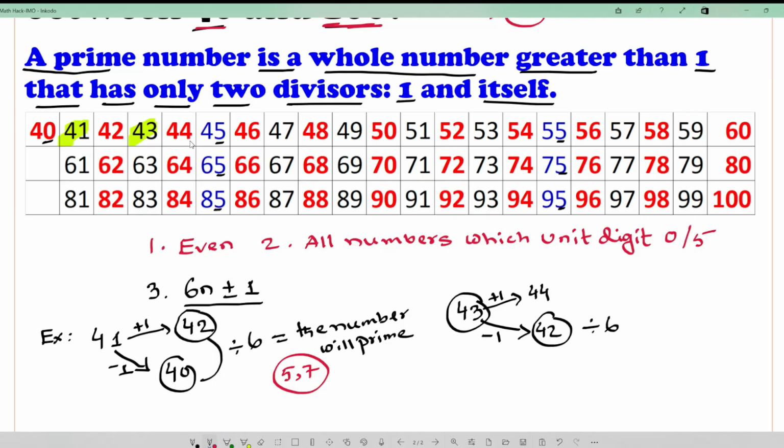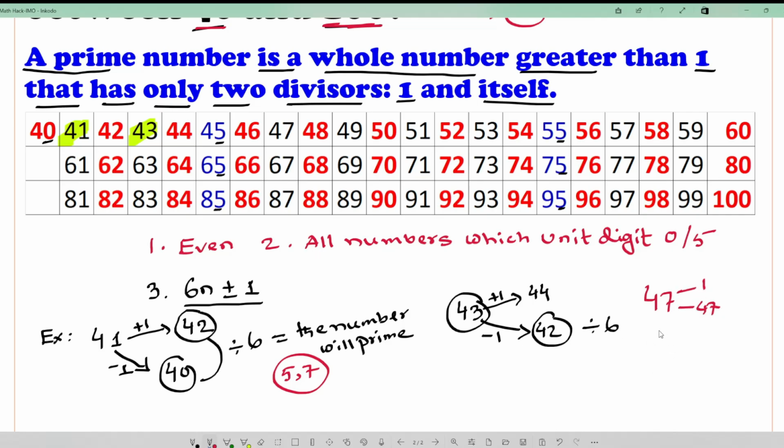Now look, 44 is not a prime number, 45 is not a prime number, 46 is not a prime number. Let's check 47. 47 you cannot divide by anything except 1 and 47. You may check.